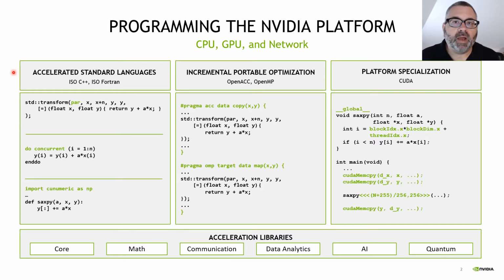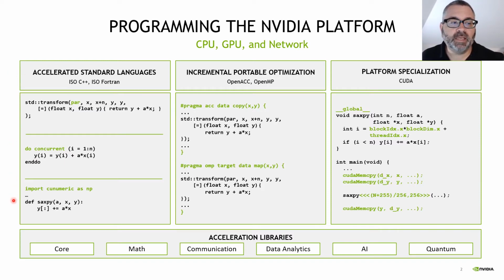What I mean by that is using a standard language like ISO C++, ISO Fortran, or Python, we can leverage the features that are already in that programming language to expose parallelism, and then build that application to run on multi-core CPUs or GPUs or whatever platform you're interested in.